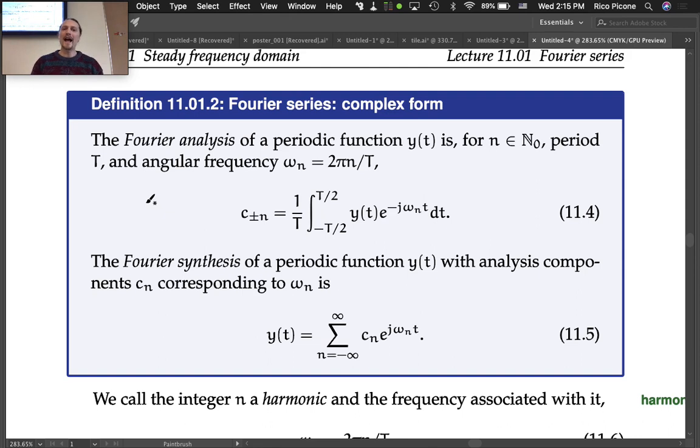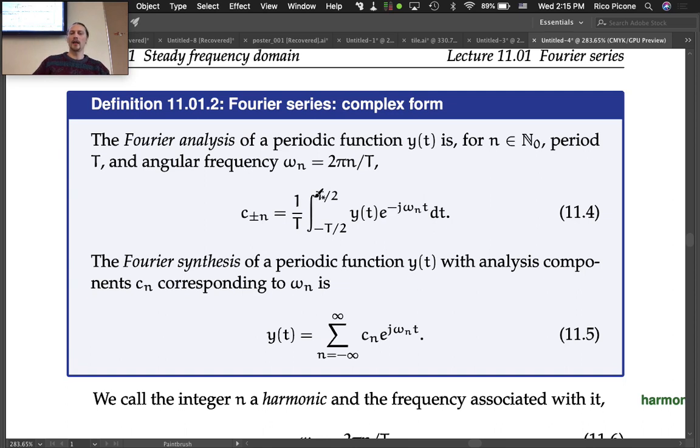So the Fourier analysis of a periodic function y of t is, for n being a positive integer, including 0, period T, and angular frequency omega n equals 2 pi n over T. So it's integer multiples of 2 pi over T. We have these little c amplitude coefficients. And these ones, there's plus and minus c, so there's c negative 1, c negative 2, and there's c positive 1, c positive 2.